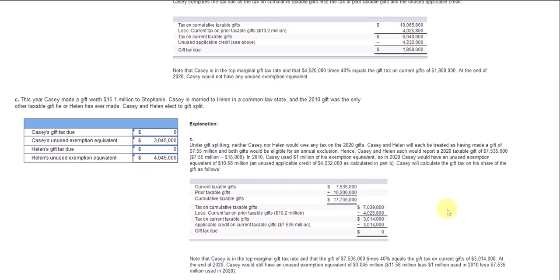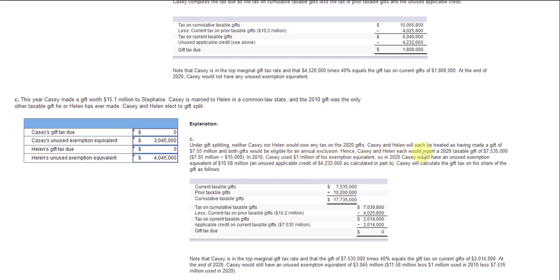Under gift splitting, neither Casey nor Helen would owe any tax on the 2020 gifts. Casey and Helen will each be treated as having made a gift of $7.55 million, right? That's half the amount. And both gifts would be eligible for an annual exclusion.